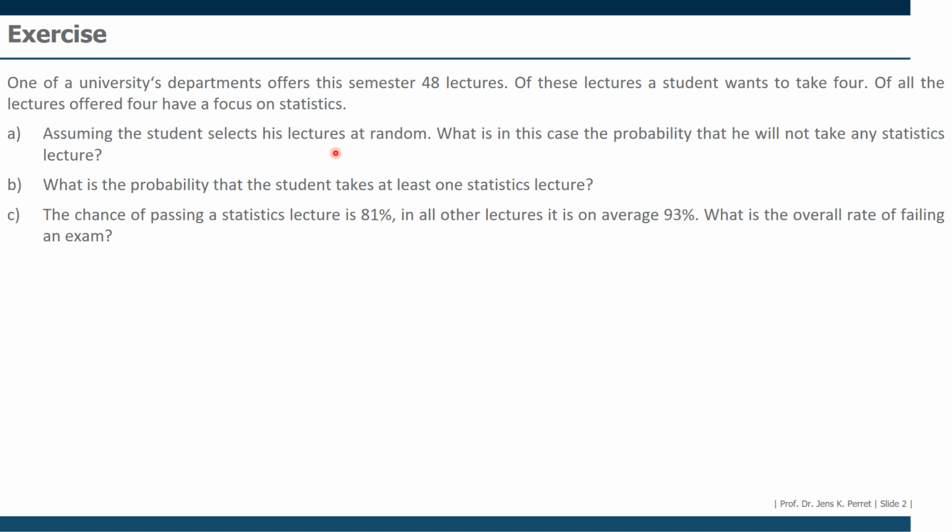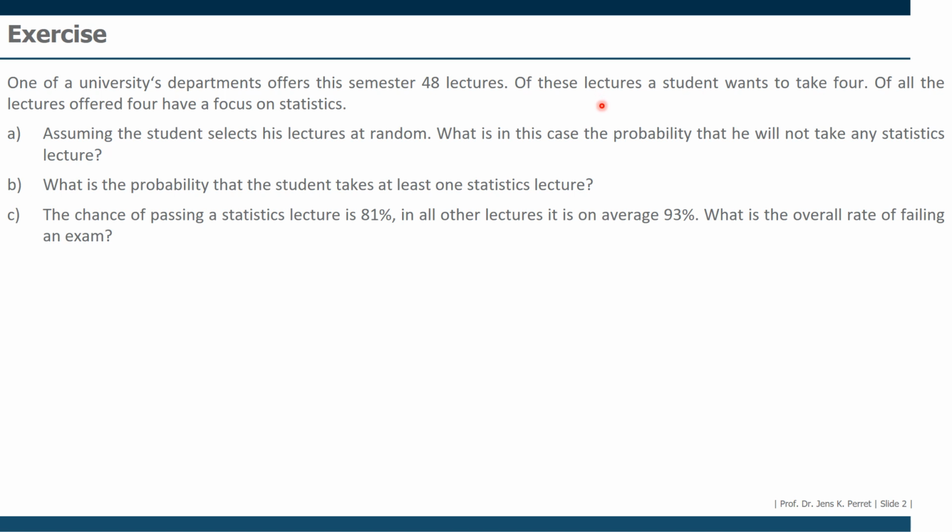But before we do this, let's clear up why we actually have to use the hypergeometric distribution here. If the student attends 4 lectures, he usually does not attend one of these lectures twice or 3 times. He attends each lecture at most once.